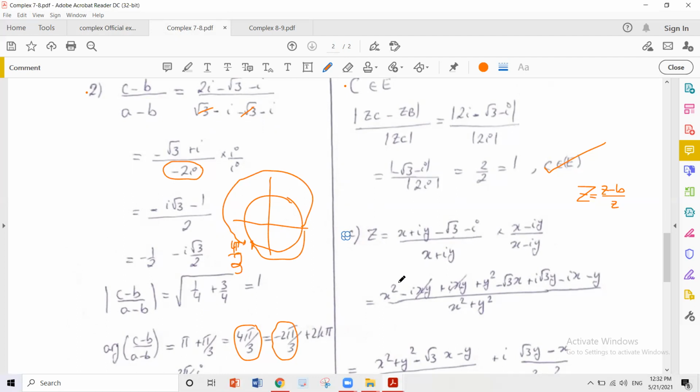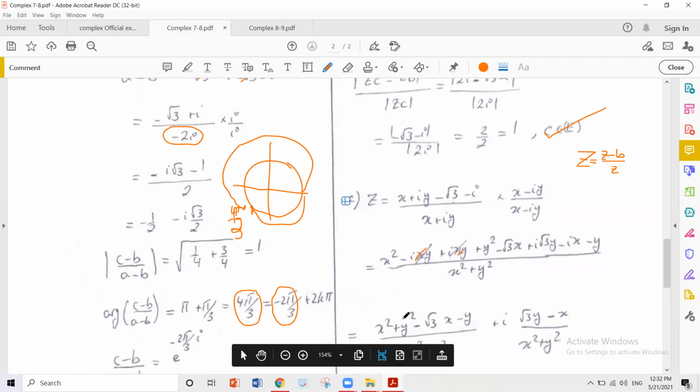Expand: x times x, x squared. Be careful with the multiplication: minus ixy plus ixy, minus i squared y squared becomes plus y squared, minus radical 3x plus i radical 3y, minus ix, minus y.